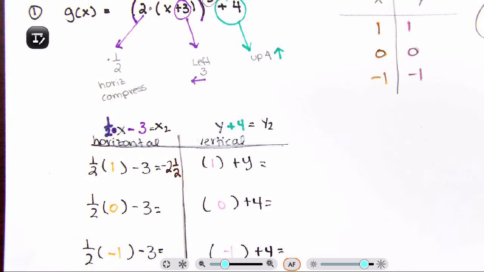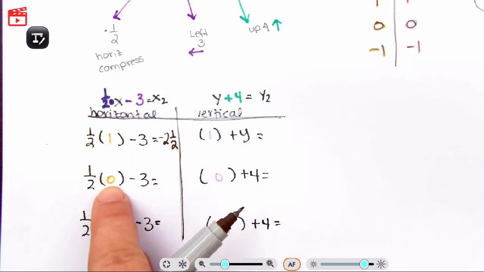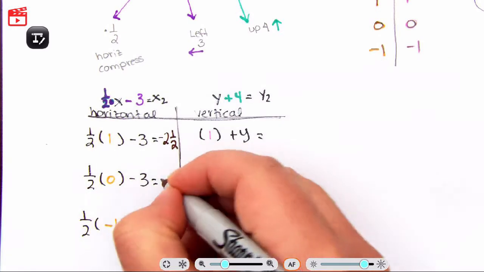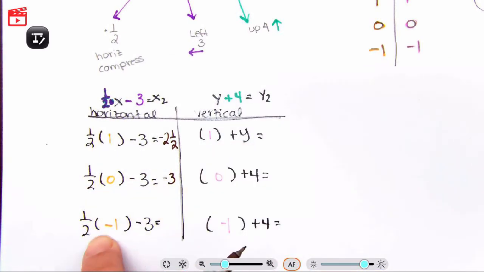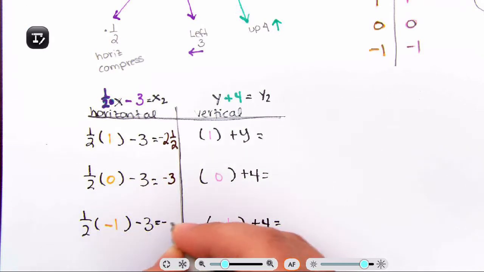If you want to do decimals, that's fine, but fractions are your friends and they want to be loved as well. So this is half minus, oh, this is not half. I almost made a big mistake. Half times 0, 1/2 times 0 is 0, so I have negative 3. And then here I have negative 1 times half, so that's negative, so I have negative 3.5.